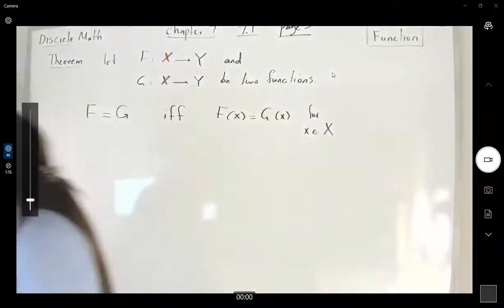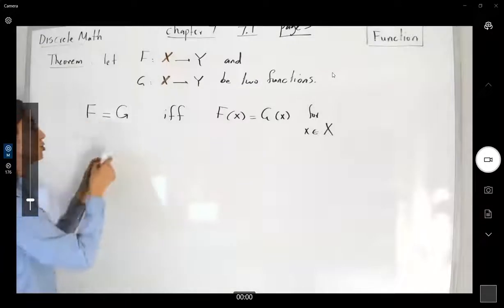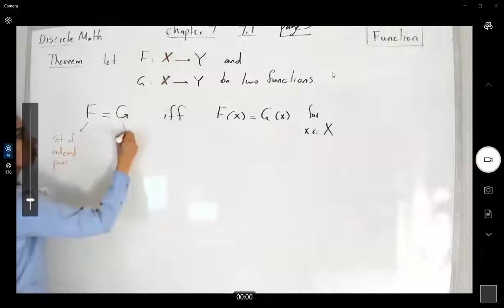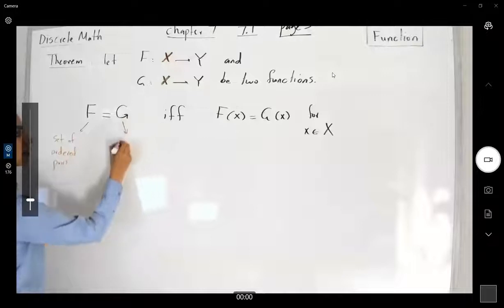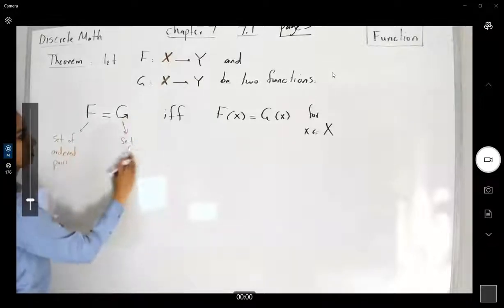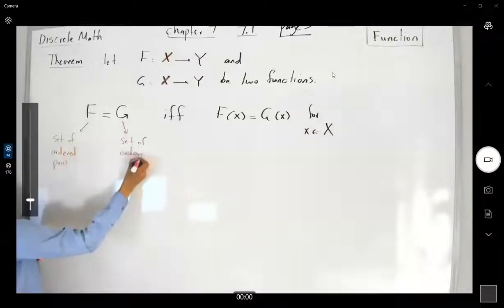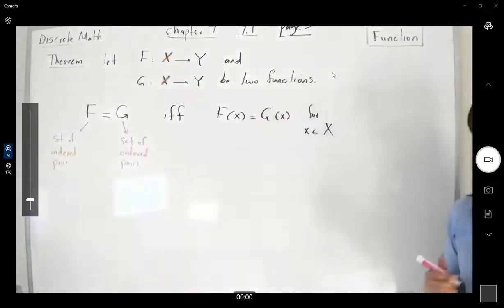So what's the difference between these two? Here I have f equals g. It means that the set of ordered pairs is equal to this set of ordered pairs, if and only if the formulas are the same.